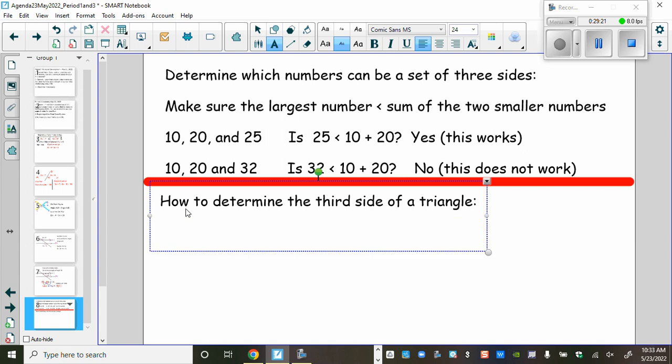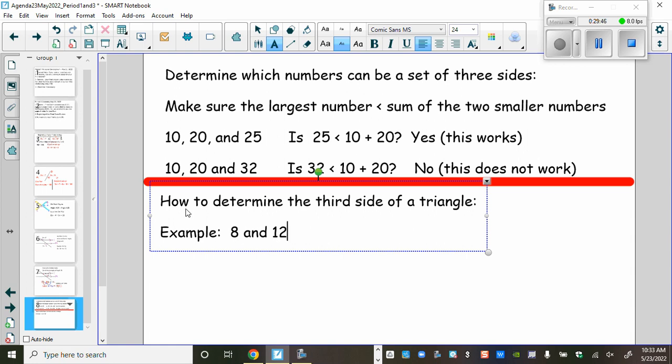Here's what you do. I'm going to give you 2 numbers. Actually, somebody give me 2 numbers, not too small, and not right next to each other. Example: 8 and 12.